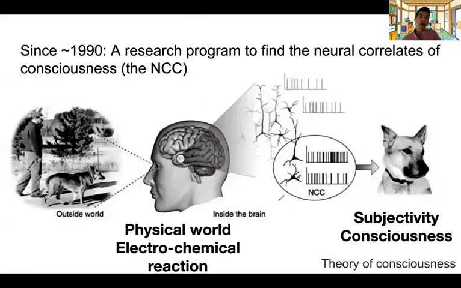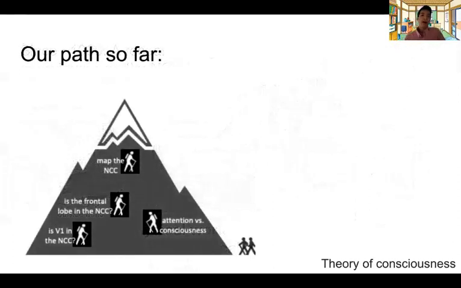So the NCC program itself is implicitly assuming that it has something to do with the population of the neuron activity. And then our path so far, especially from lecture 1 to 7, was to guide you, and this is actually the path that many researchers since the 1990s or even before have been taking, trying to address the empirical question: is V1 located within the NCC, or are attention and consciousness different, or is the frontal lobe related to consciousness?